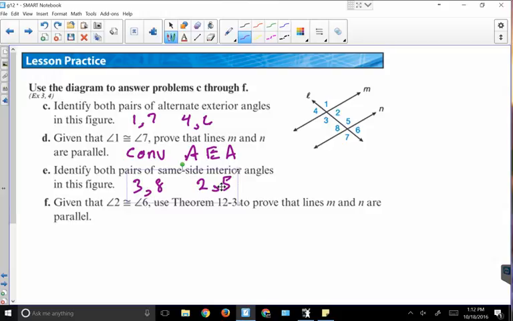Okay, so we get, what would be your bet then? If we know that 2 and 6 are congruent. Obviously it's going to be a converse, right? But a converse of which one? What, okay, what are 2 and 6 to each other?